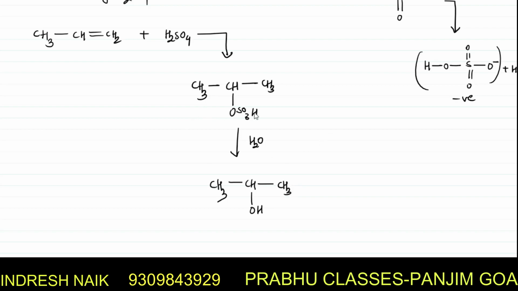Now, which bond is broken over here? It is this bond. O SO3H, or we can write SO2OH. You can write it this way also, OSO2OH, same molecular formula. So this bond is broken, then you get an alcohol.